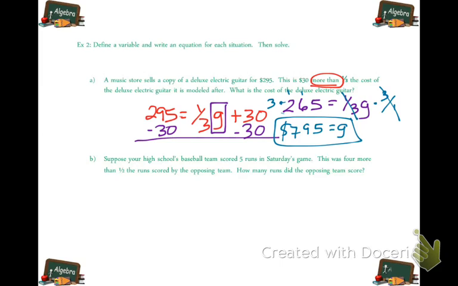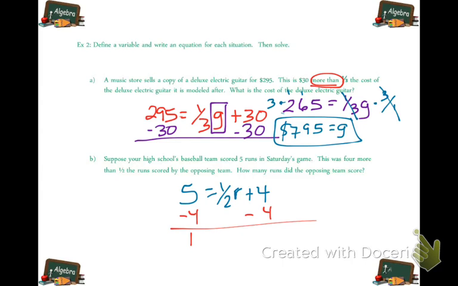Let's try another one. Suppose your high school's baseball team scored 5 runs in Saturday's game. So that's 5 equals. This was 4 more than half the runs of the opposing team. So R for runs. So there's your equation. Again, you subtract 4.